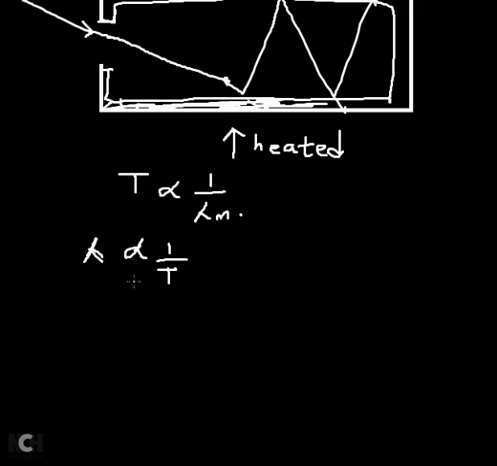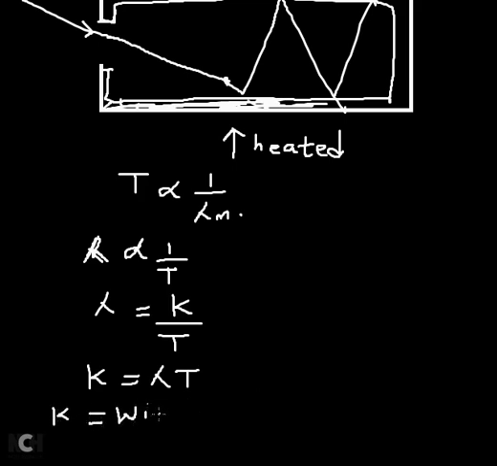Of course, you know very well that if I change this proportional sign to an equal sign, I have to introduce a constant, k, so that the wavelength is k over T. If I cross multiply, the constant is equal to the wavelength multiplied by the temperature. This constant k is known as Wien's constant of black body, and of course it's a constant value.